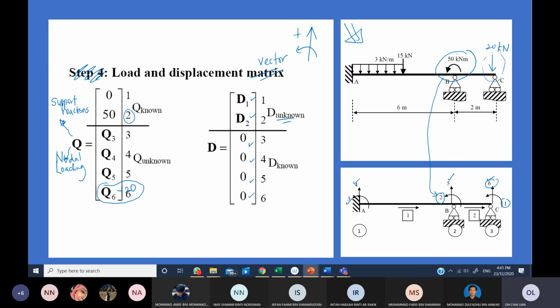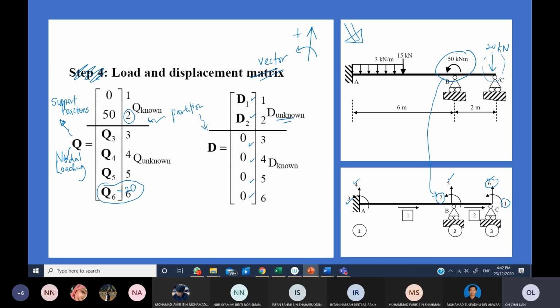Okay, so now you have seen that we have found all the inputs for vectors Q and D. If you notice, I have put a line here. They call this a partition.